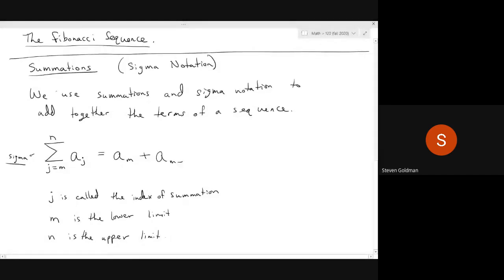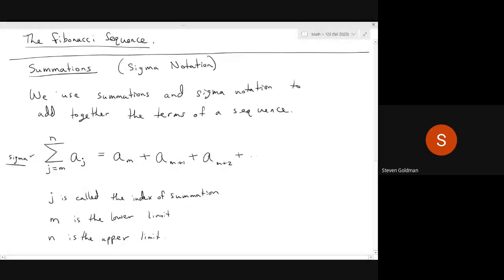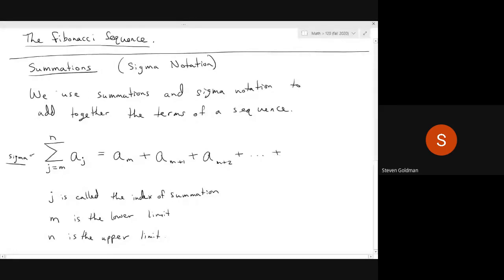A sub m plus 1. Then add the next term of the sequence, which would be a sub m plus 2. And then keep adding up the terms of the sequence until you get to the upper limit n. So you keep adding until you get to a sub n. So this sum of a sub j from j equals m to n means to add up all the terms of my sequence from a sub m up to and including a sub n.